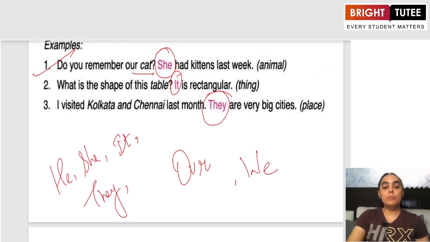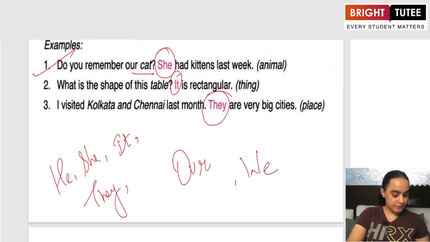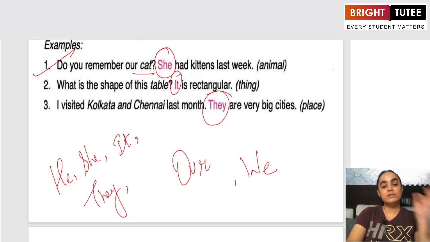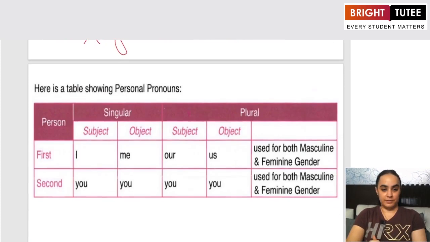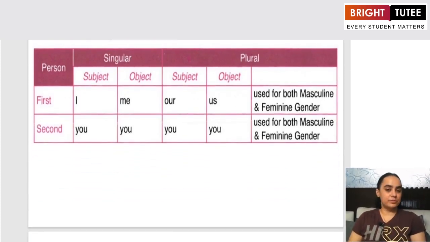These are all the personal pronouns because we are going to use these pronouns in place of a person, in place of a thing. This table, dear students, as you can see on your screens, is very important and you need to remember that.